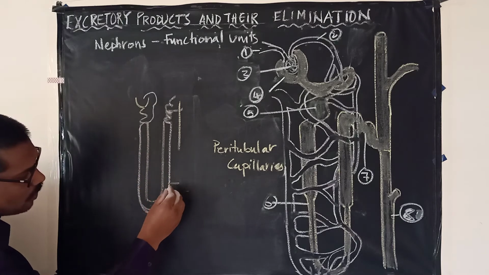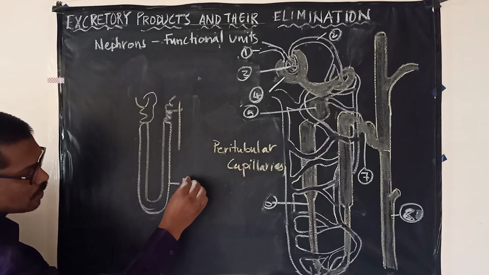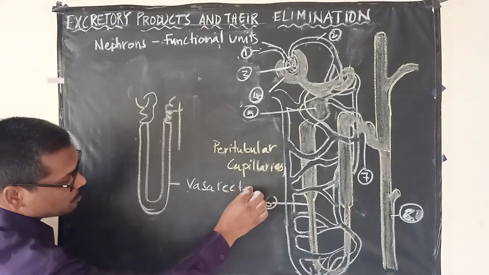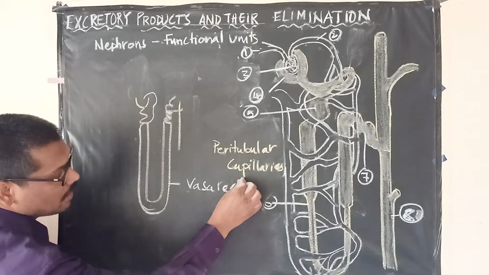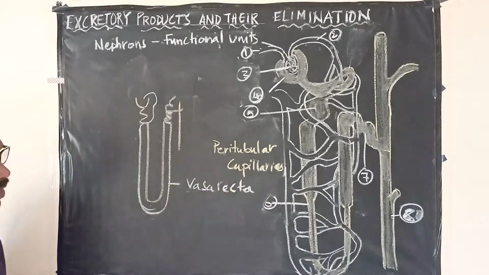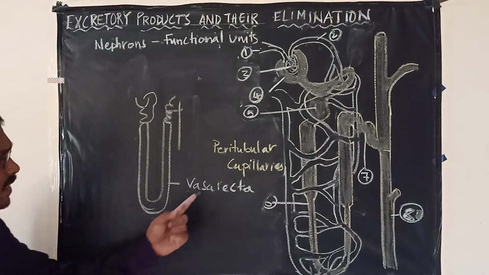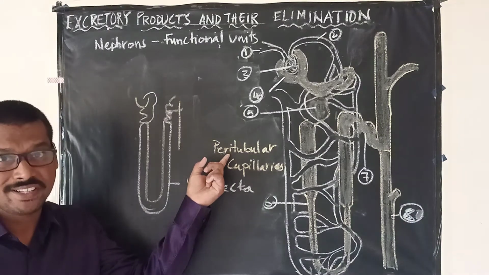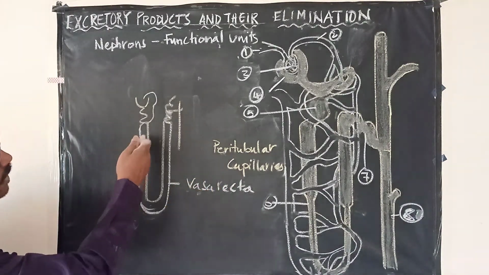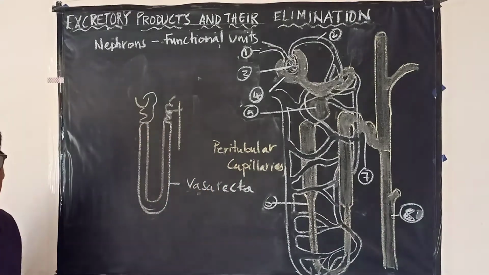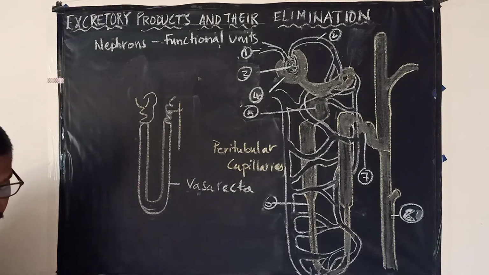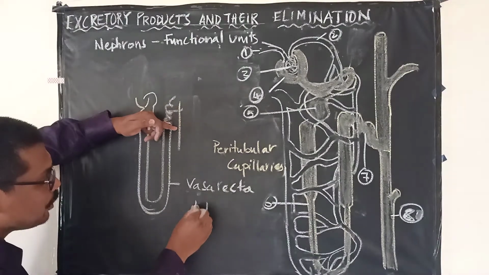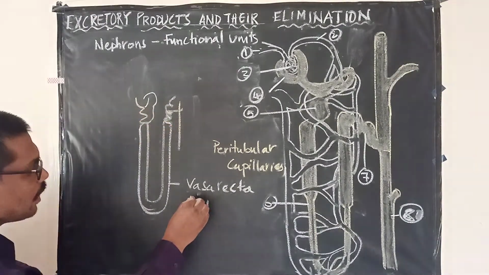This one, part of the peritubular capillaries, will be called what now? Vasa Recta. Please remember this, which is very important for the next part of the chapter. Vasa Recta is nothing but part of the peritubular capillaries. They are running parallel to the Henle's loop, and they appear U-shaped.